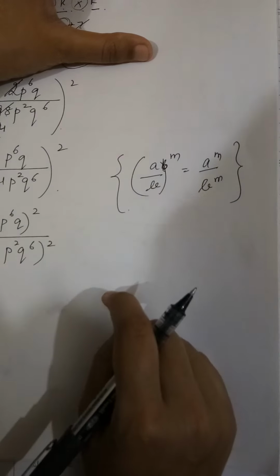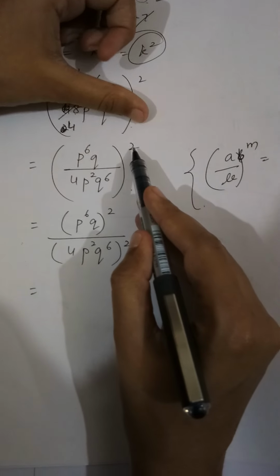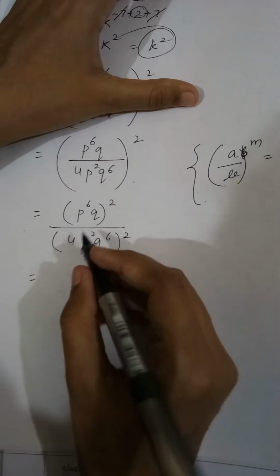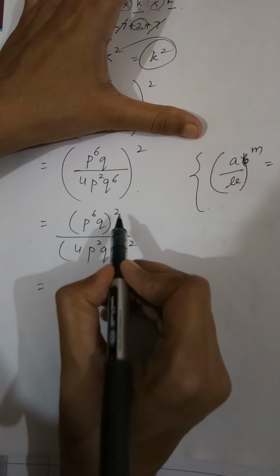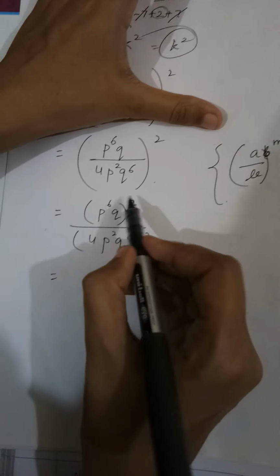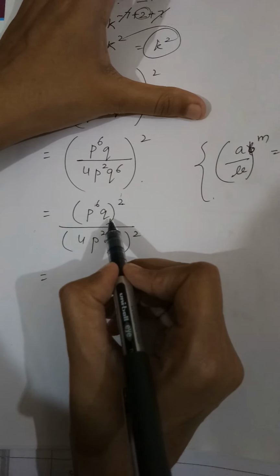We have done this in the first part. I have used this. If whole power is 2, I have separated this power 2 with the numerator and with the denominator. Now this power 2 I am going to multiply with each number which is inside the bracket.